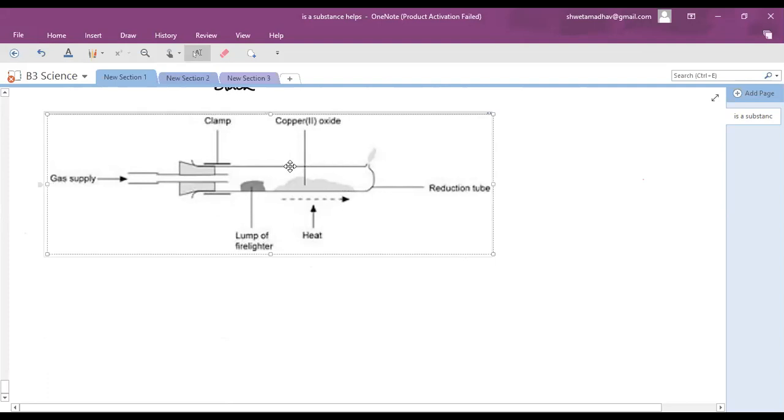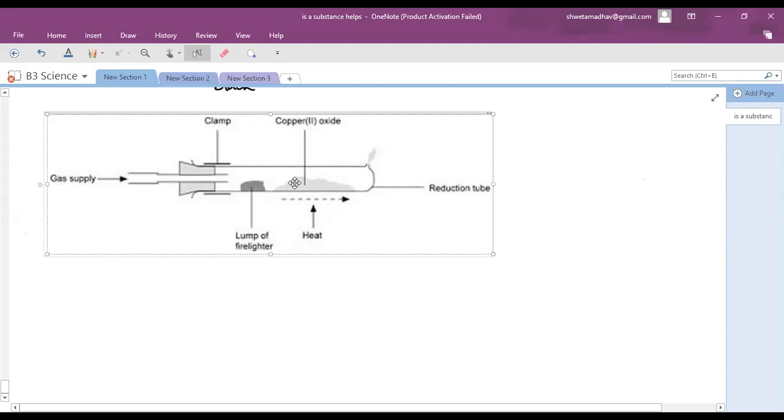Yes, ma'am. Now, when we heat it, slowly the shiny brown copper gets converted into black color, right? Because copper oxide is produced. Then through this bent tube, we have to pass hydrogen gas over this heated copper oxide.